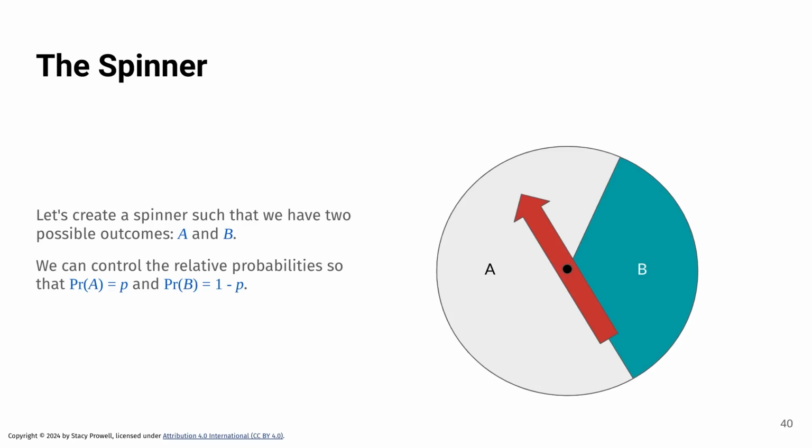But basically, you see there are two regions, an A and a B. And A, in this case, is a little larger than B. So the probability that when I spin it I wind up in A is a little higher than the probability that I end up in B. And if I don't wind up right on the line, if I just exclude those cases and make you spin again, I'm always going to end up either in A or B. And so the probability of A, let's say, is P, and the probability of B is 1 minus P. And I get to choose what P is by choosing the relative sizes of A and B.